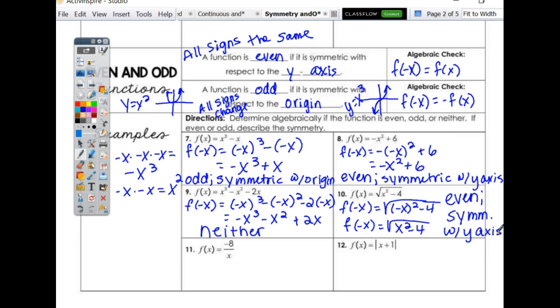So on number 11, how do I start this one? Right, every time. So I'm going to take f of negative x. So it's a negative divided by negative. So I get 8 over x. Is that the same? Did it change? So if it changed, what is it? Odd.